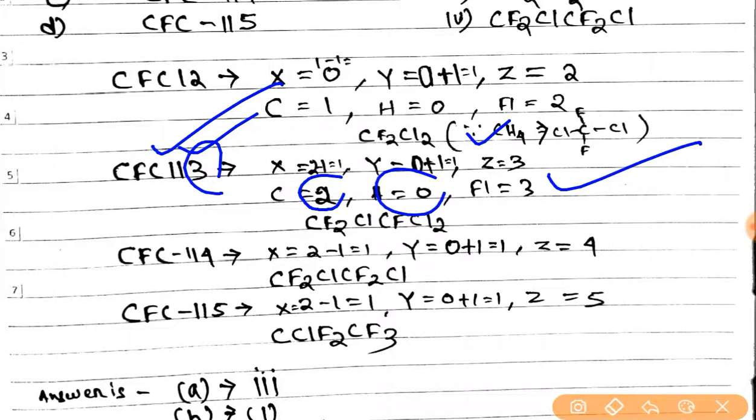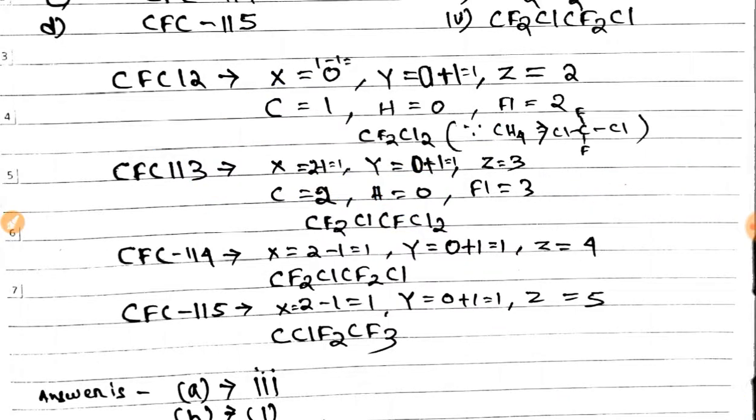So our formula will be CF2ClCF Cl2, where fluorine is F2 plus F1, that is equal to F3. So the fluorine number is 3 and the remaining atoms are chlorine, 3 in number. So our formula is satisfied.